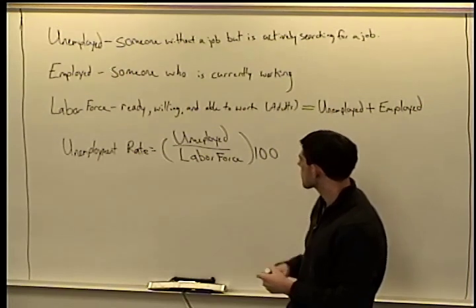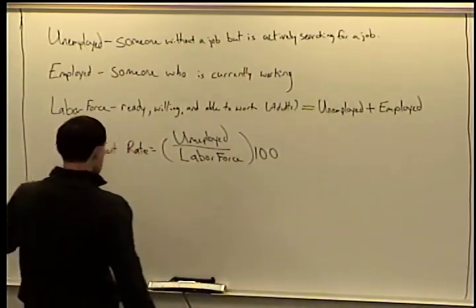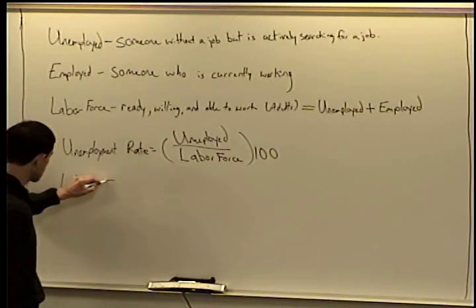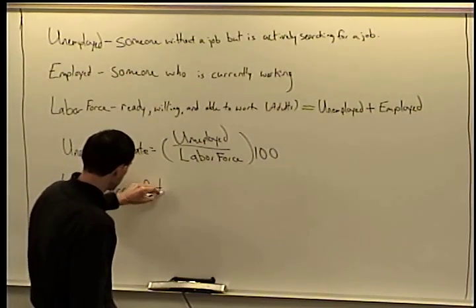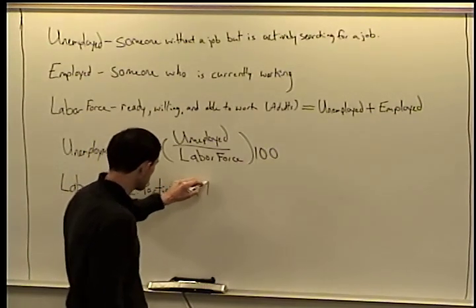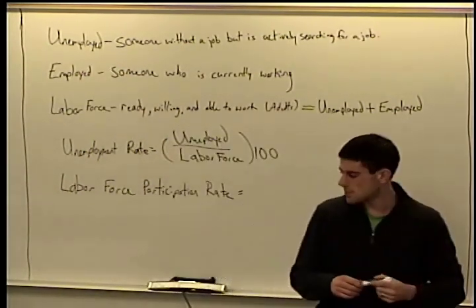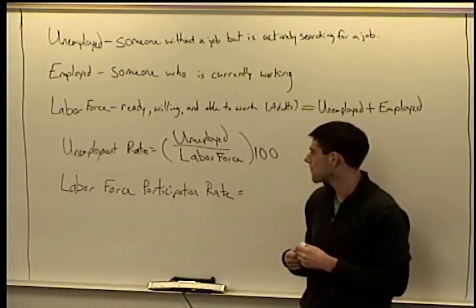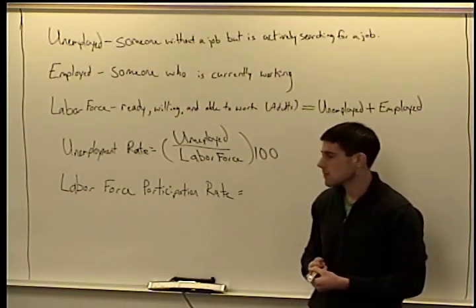So the last number that we really use to go along with this is what we call the labor force participation rate. The labor force participation rate is, out of the fraction of the entire population, how many people are participating in the labor force.